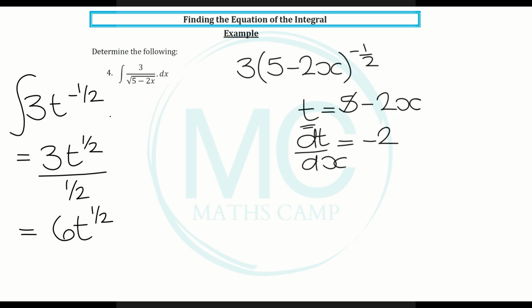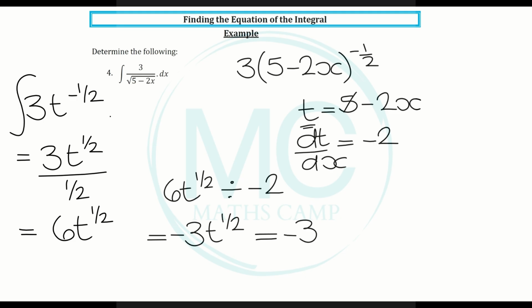Now my equation becomes 6t with an exponent of 1 over 2, divided by negative 2. 6 divided by negative 2 gives me negative 3. I have negative 3t with an exponent of 1 over 2. Finally, let's put the contents of the bracket back in, and we get negative 3, open a bracket, 5 minus 2x with an exponent of 1 over 2 plus the constant of c.